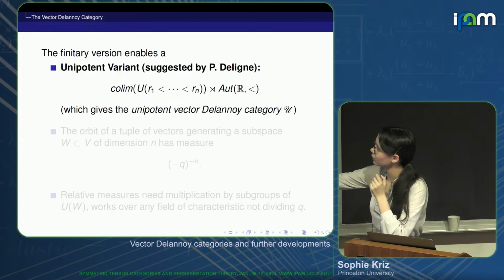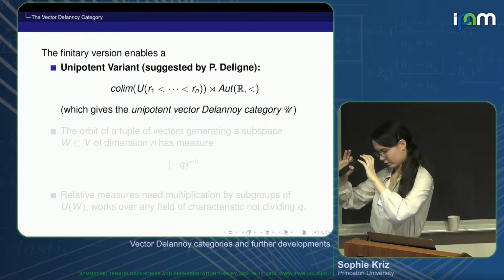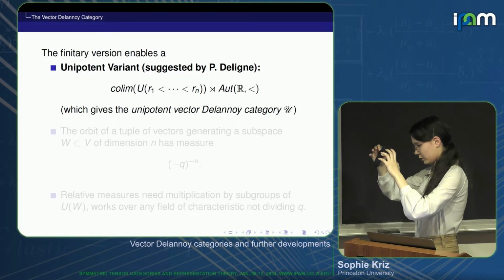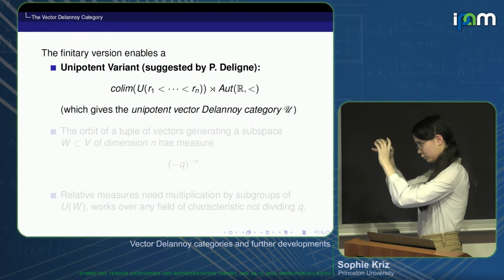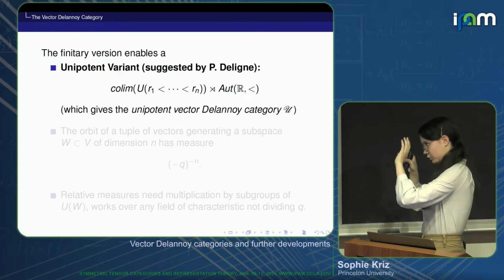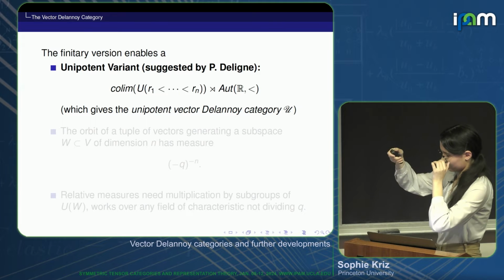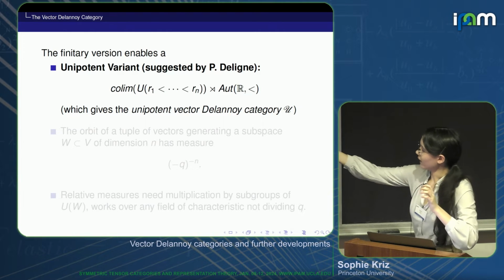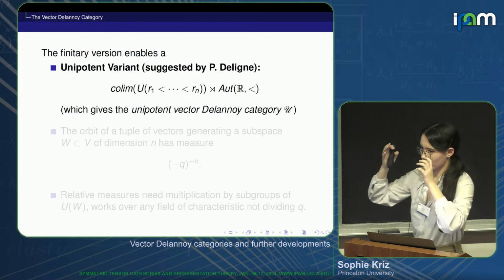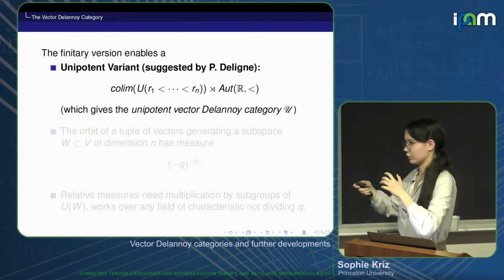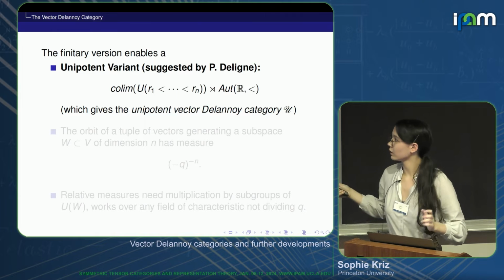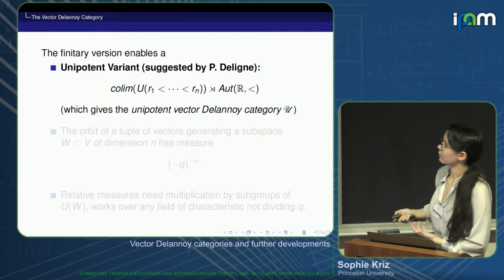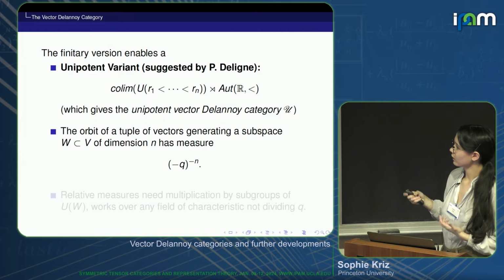So I can look at the colimit of U, the unipotent subgroup, on the subspace of V generated by these chosen degrees of the basis. And I can take the semi-direct product with this Delannoy group again, with these order-preserving bijections of R. And this gives the unipotent vector Delannoy category.